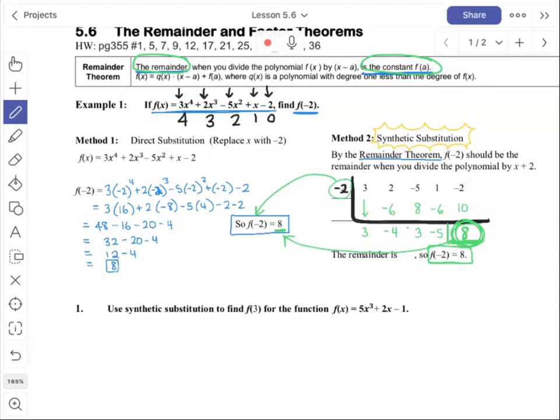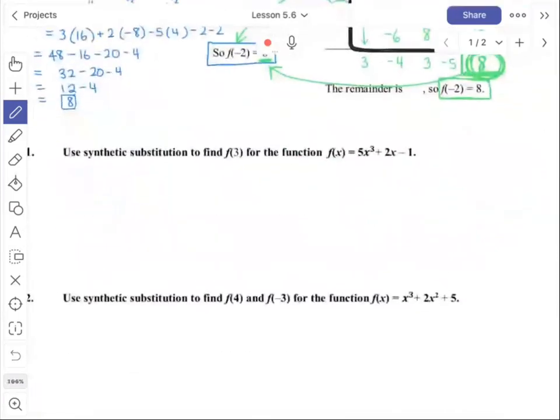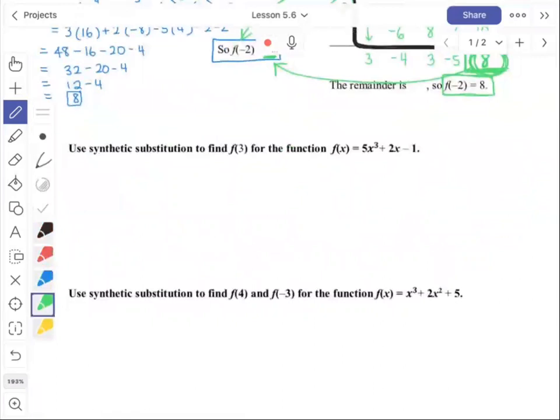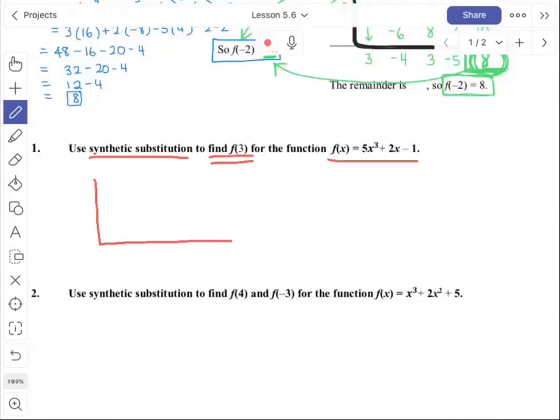All right, let's practice this. Number 1 says use synthetic substitution to find f of 3 for the function they give you. Now it specifically says use synthetic substitution, guys, so we need to use synthetic division.